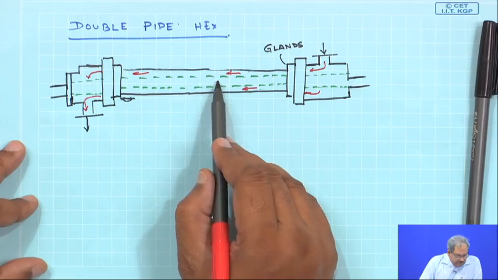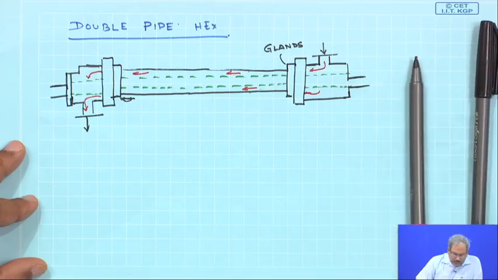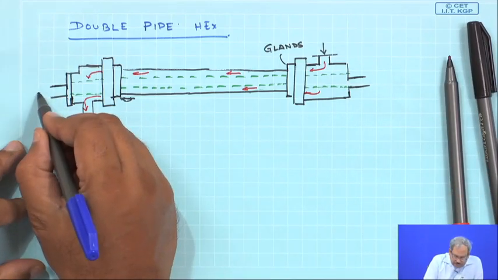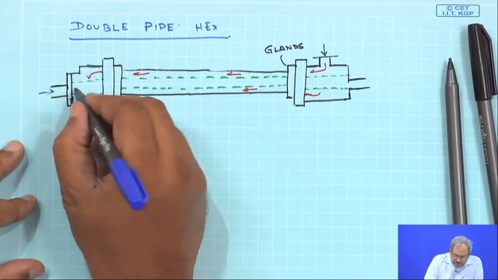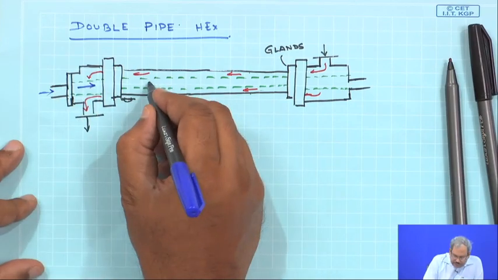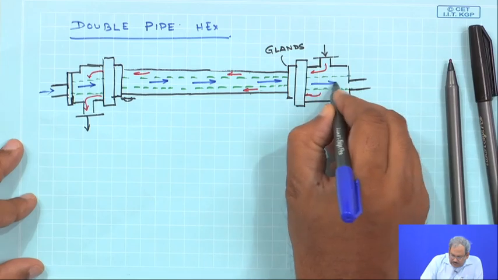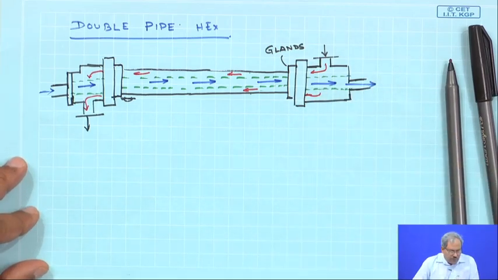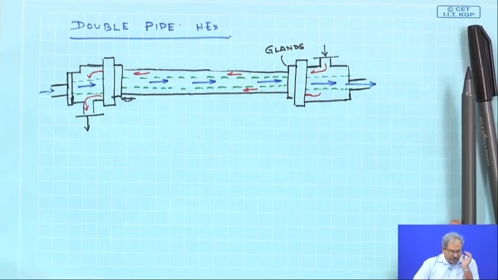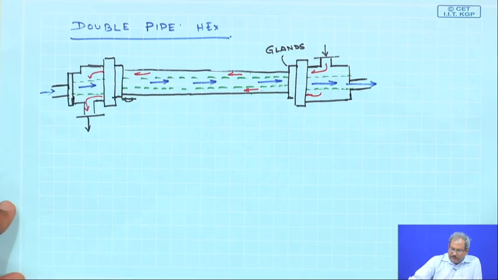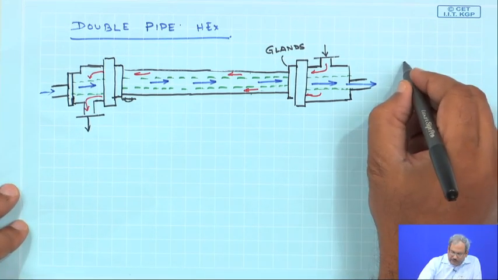So, they are not mixed with what is happening inside the tube side fluid. And the tube side fluid, let us assume it is a counter flow heat exchanger, is going to move in this direction and to outside.